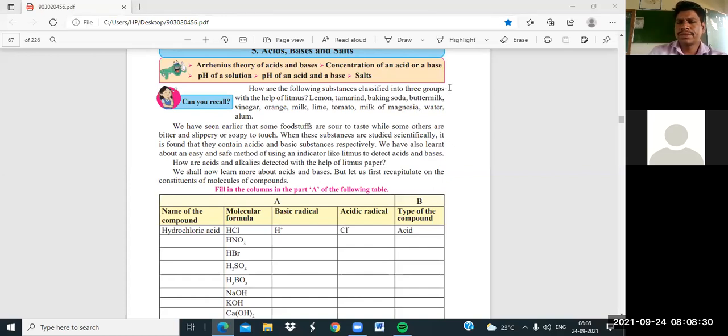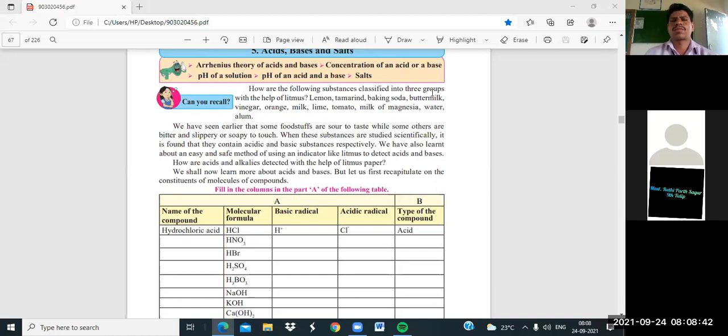The basic thing we are going to look at is classification. The classification we are doing by taste. Those having a sour taste, we are seeing that they are acids. Sour taste is their acidic nature, and those that are bitter and slippery, like the taste of soap, we can classify into bases. And the remaining, where can we keep them?